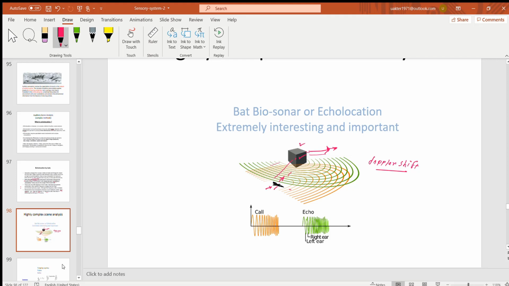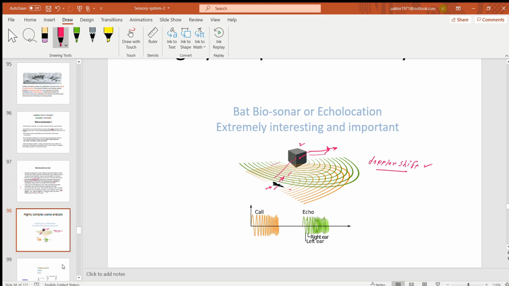Okay, that is called the Doppler shift, and the bat uses the Doppler shift as an indicator of whether it is getting closer or getting away from the object. Now, it becomes more complicated when the object is also moving, right? If the object is stationary, it is rather easier.